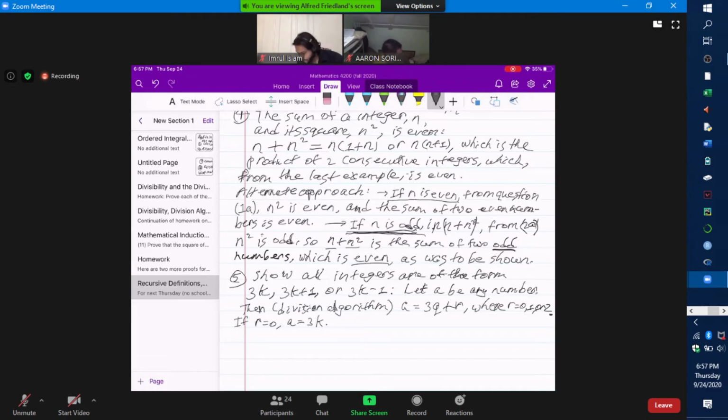Okay, so if r is 0, a equals 3k, and that's the first possibility over here. If r equals 1, then for the second possibility, we have a equals 3q, or whatever you're calling it, I guess I called it k here, plus 1. Right here, r has to be one of those.